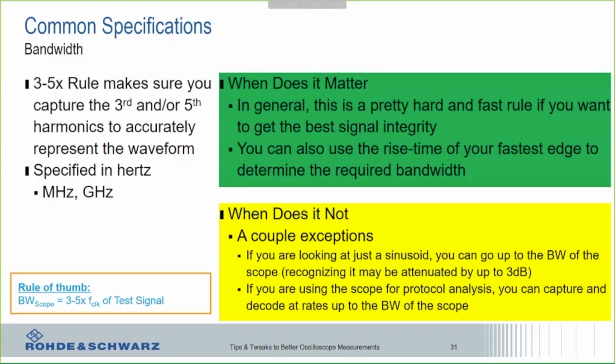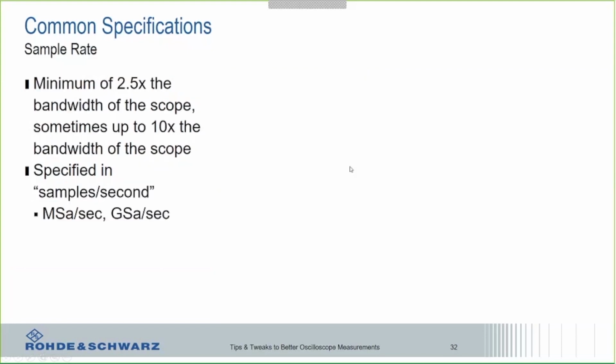Whether it's a sine wave crossing that threshold because you don't have any of the additional harmonics, or the actual square wave signal itself, it doesn't matter as much for the decode. Now, if you want to correlate back and look at the signal integrity aspect, that can require you to go back to the rules of thumb that we talked about. Okay, so that was bandwidth.